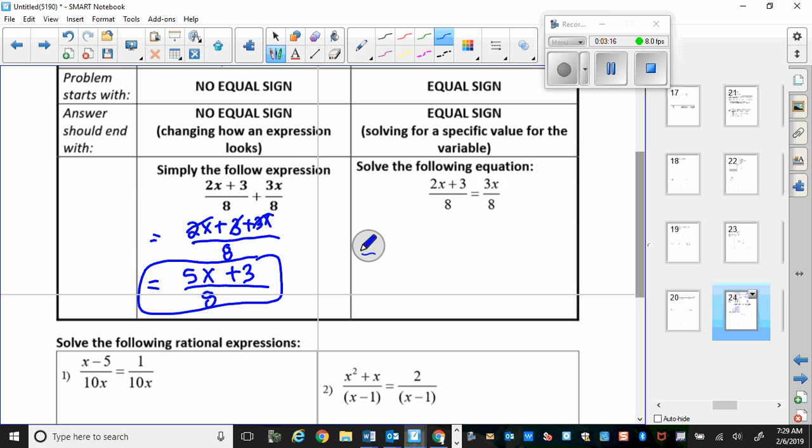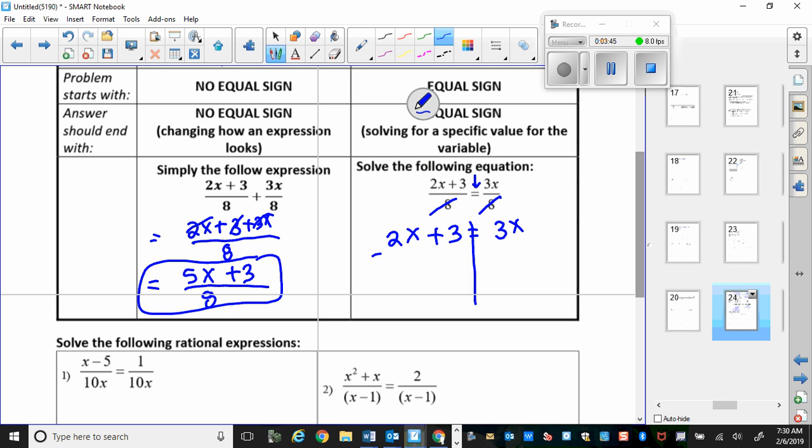Now, when you're solving equations, first of all, there's an equal sign. That's how I know I'm solving. And the great thing about solving rationals is, if I can get the denominators to be the same, I can mark out the denominators and just treat it as an Algebra 1 problem, where I want variables on one side of that equal sign and numbers on the other side.